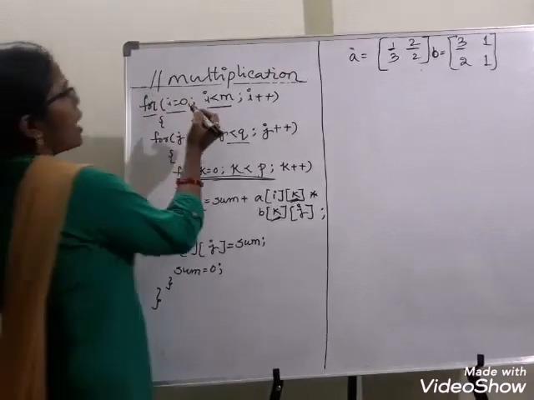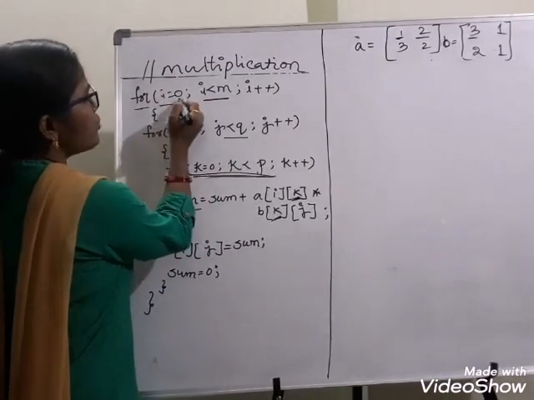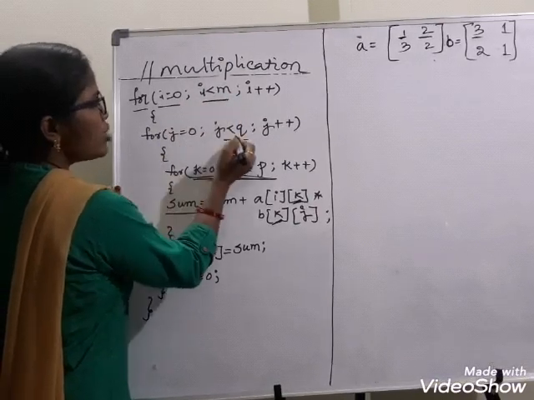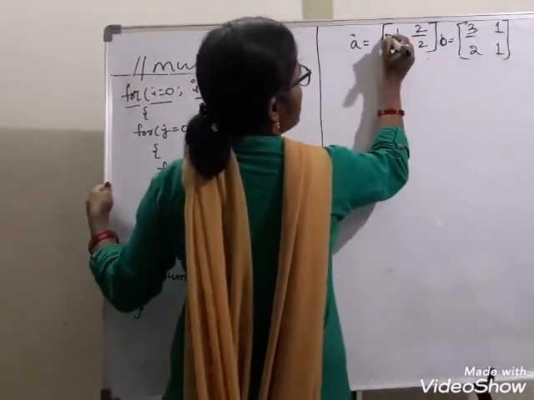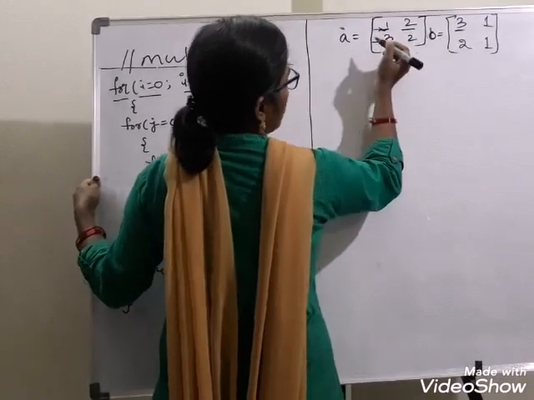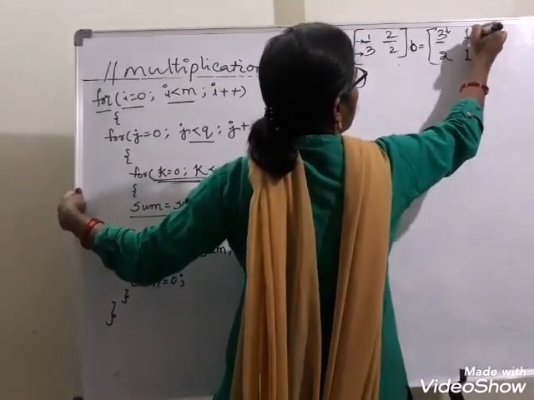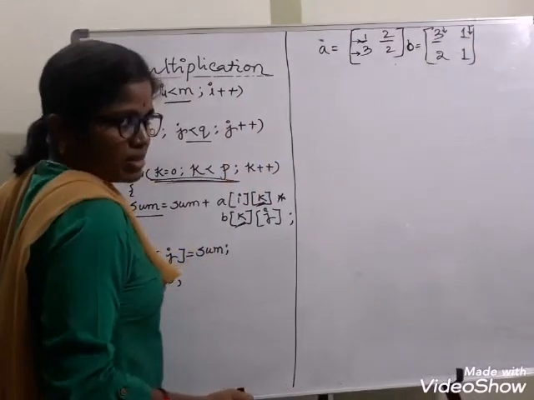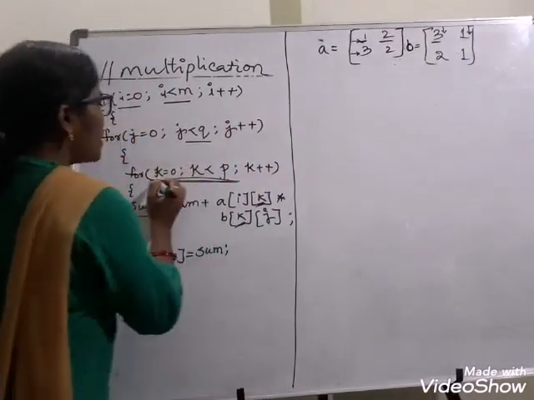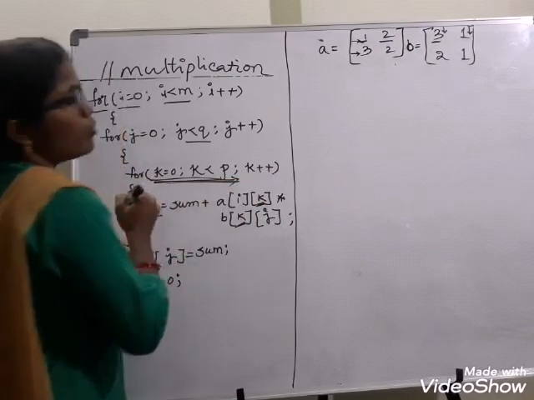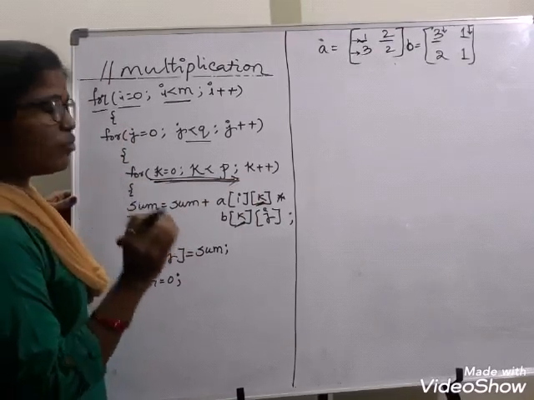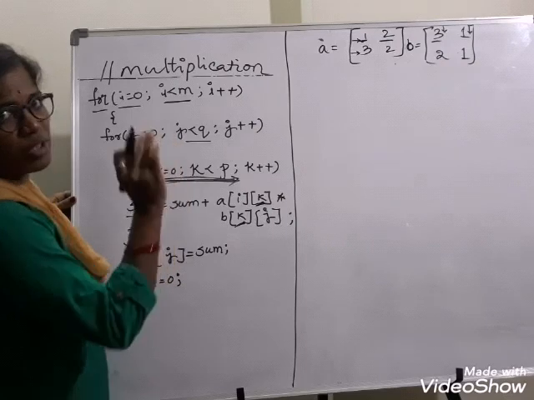So here I will start my i value from 0 to m, and j to q, because my m is the number of rows, whereas my q is the number of columns in the second matrix. And I will take another loop variable for convenience to multiply in between.